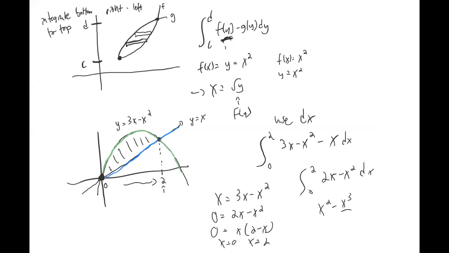What is that? X cubed over 3, evaluated between 0 and 2. This is nice, because at 0 it's just 0, so it's just at 2. 8 over 3. So that's 4 over 3. Everyone good on that?